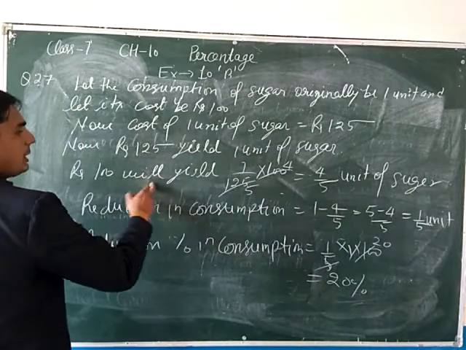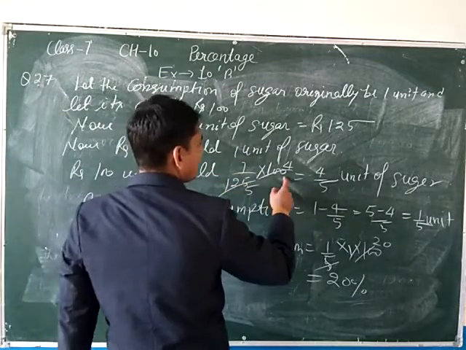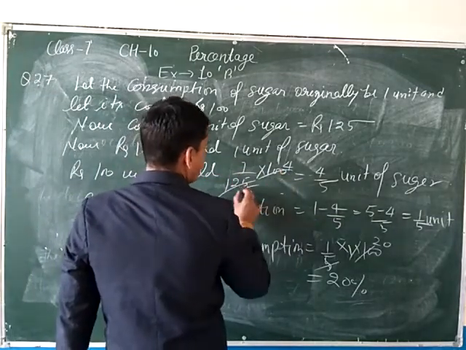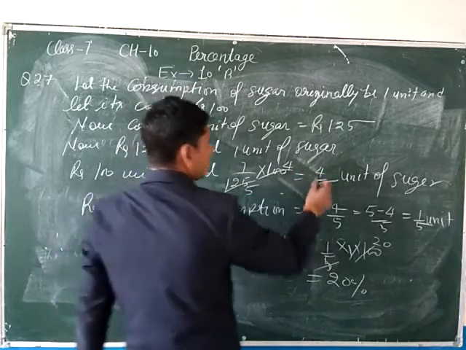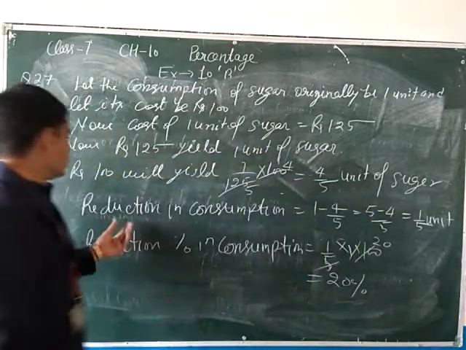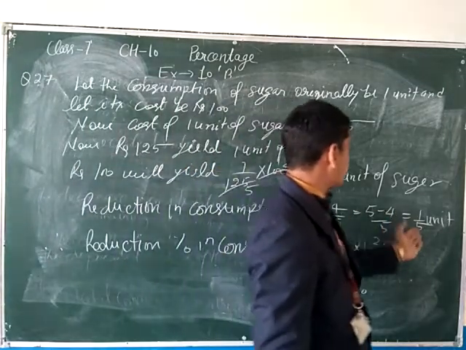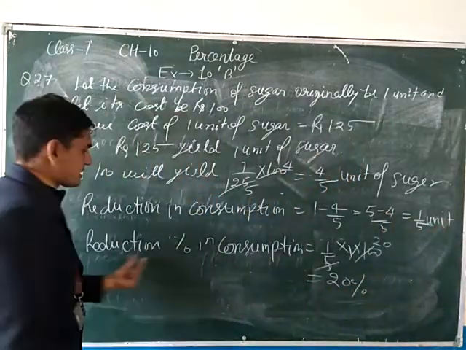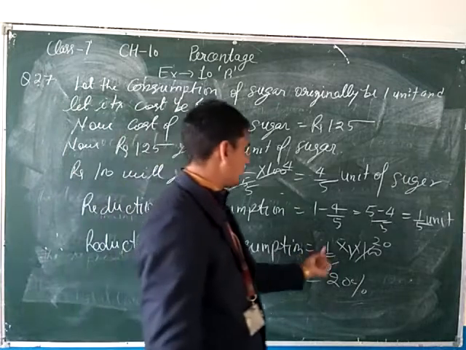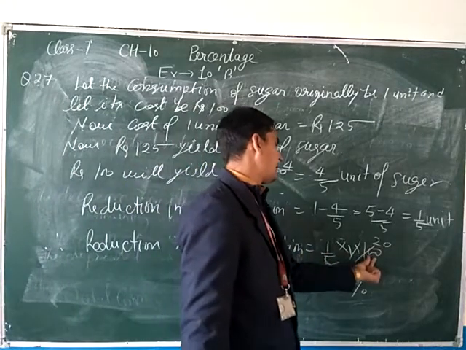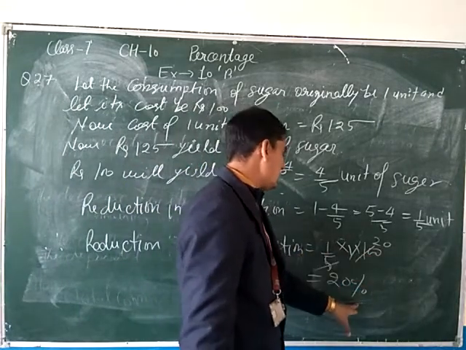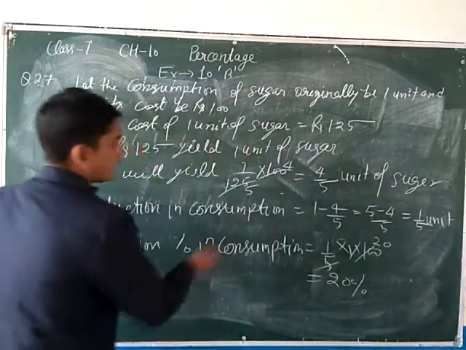So 100 will yield 1 upon 125 multiply 100. So 25 fours are 100, 25 fives are 125. So 4 upon 5 unit of sugar. So reduction in consumption equals 1 minus 4 upon 5, remaining is 1 upon 5 unit. So reduction percent in consumption equals 1 upon 5 multiply 1 unit multiply 100. So 5 twos are 10, 20%, and 20% is the required solution.